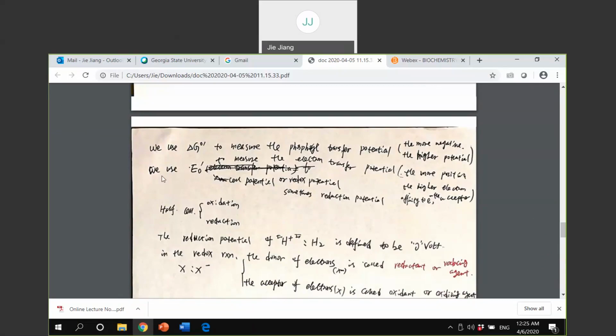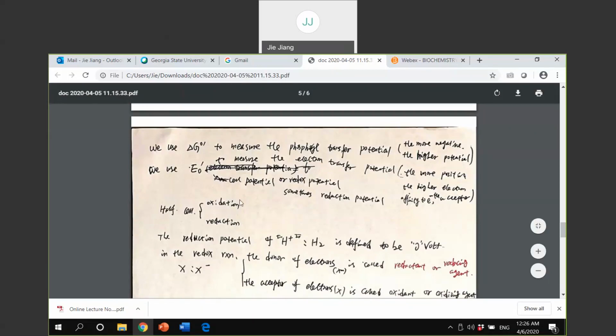Now, when we talk about electron transfer, we use the cell potential to measure the electron transfer potential. So how easily can electrons be transferred? The more positive the delta E, the higher the electron transfer potential, or we say the higher the electron affinity it will have. So it will be easier to be an electron acceptor.